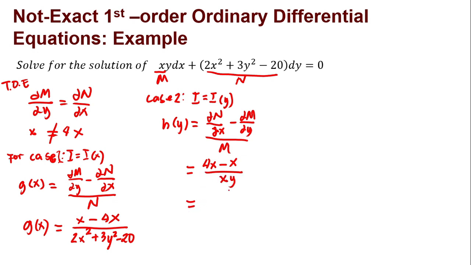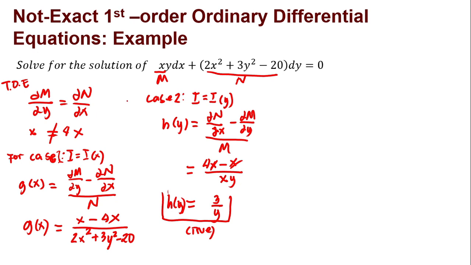We simplify this one, cancel the x, and what's left is 3 over y. So our h of y is equal to 3 over y, which is purely a function of y. So this satisfies our case number 2.